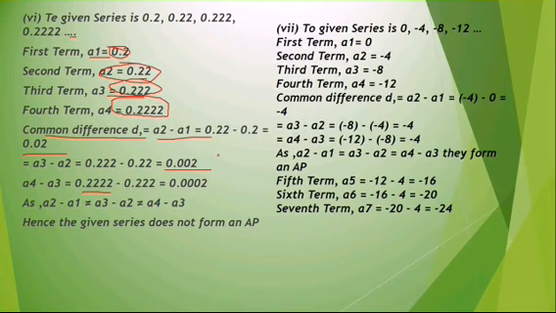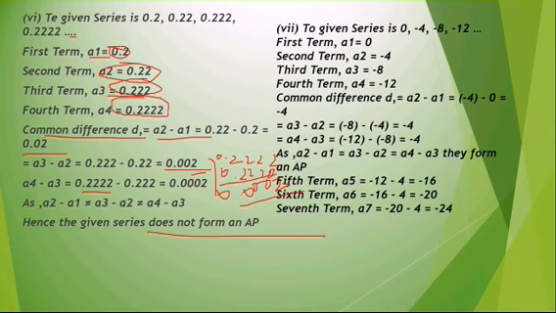Now if we subtract this, we will get 0.0002, which will not be equal. The common difference is not same, hence the given series does not form an AP. Now let's move to the next question.